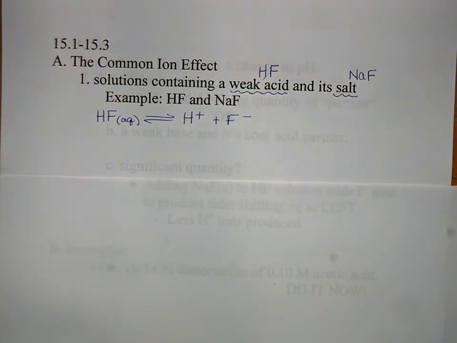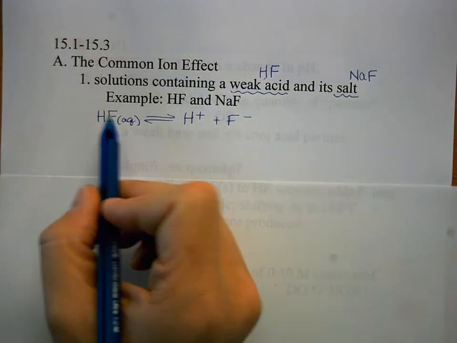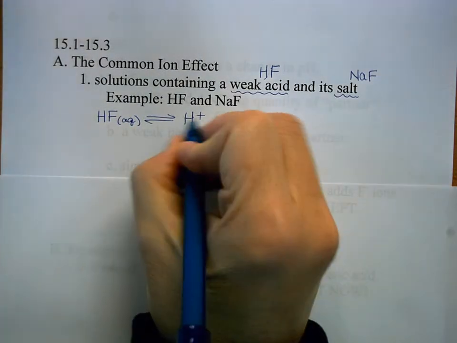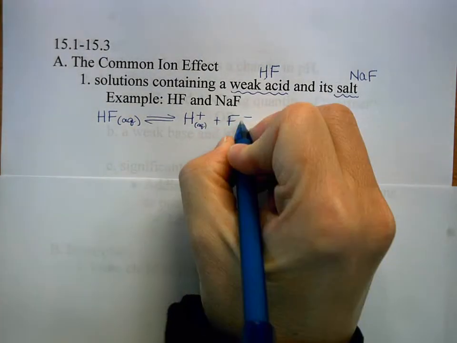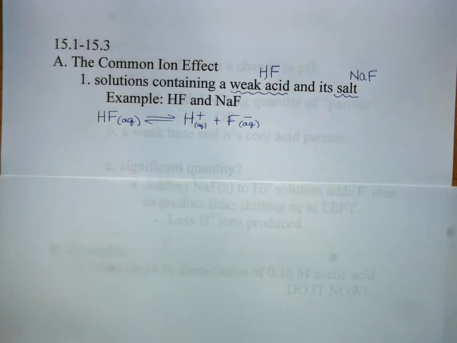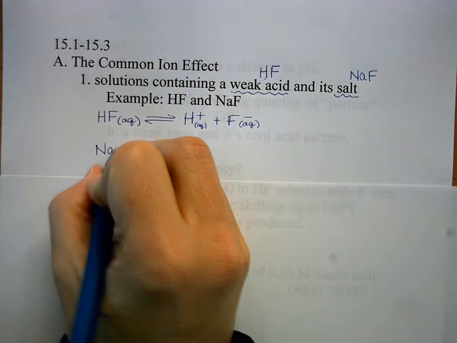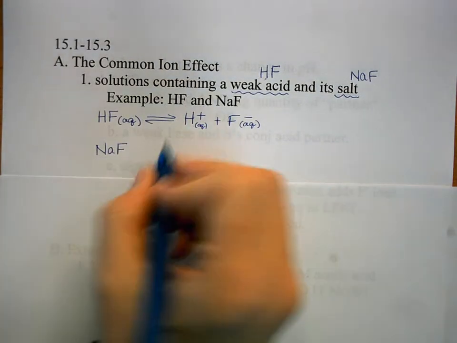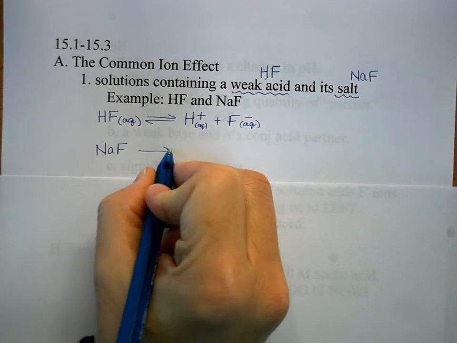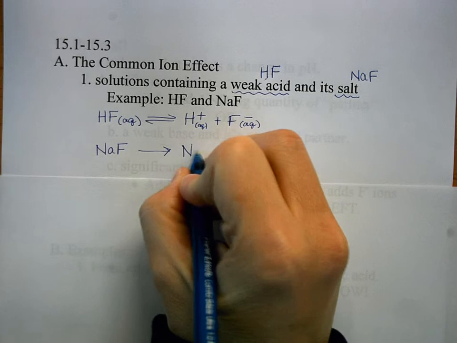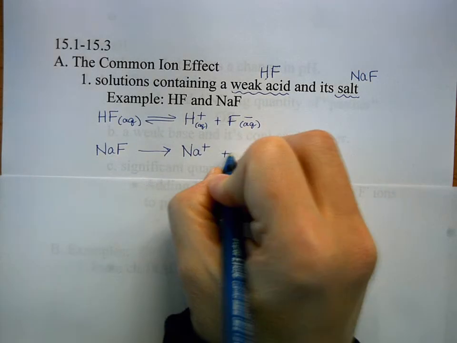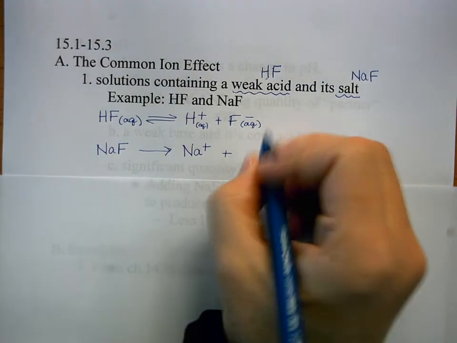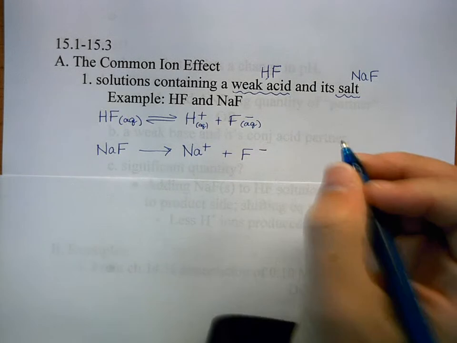And if I have in that same solution, so let's say I've got hydrofluoric acid, all of these are aqueous, in solution, and then I throw some sodium fluoride in there. We're going to look at those separately here. Sodium fluoride is an ionic compound, so that means that it's going to completely dissociate into sodium ions and fluoride ions.